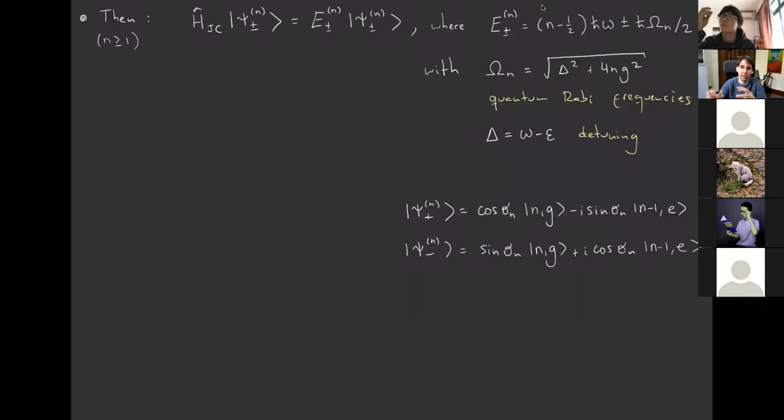So where the excitations are more located, or in the atom or in the field, this is given by a very simple expression, which is just 1/2 of the argument of this complex number.